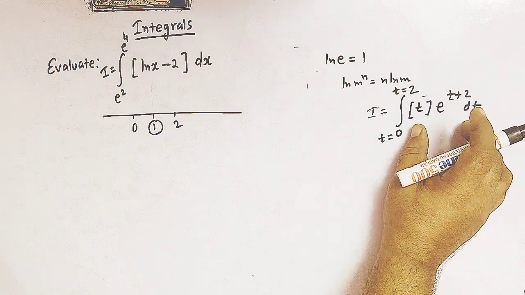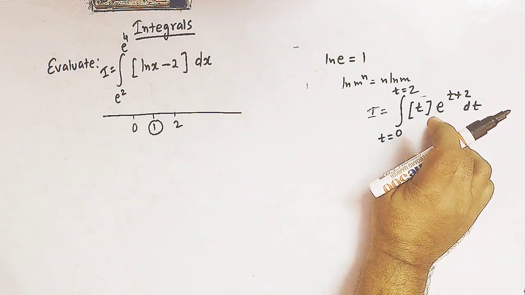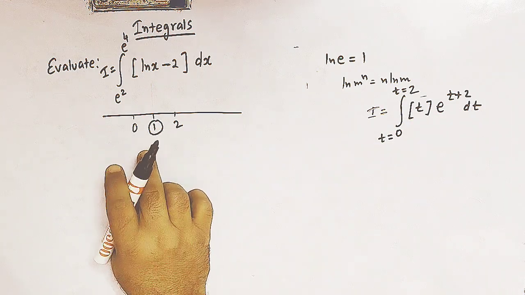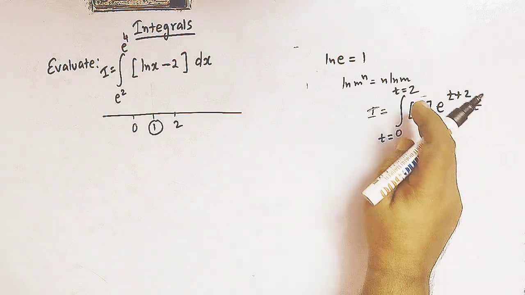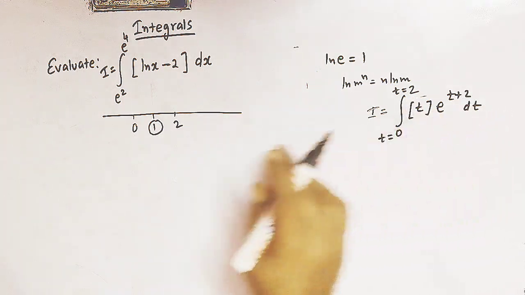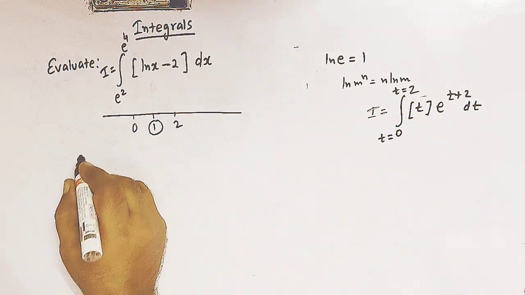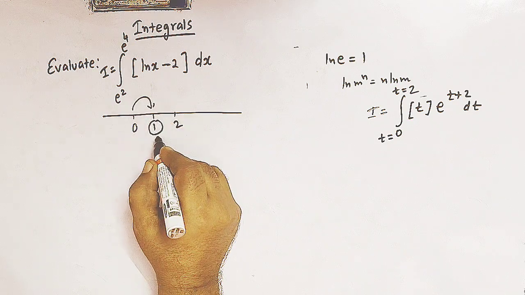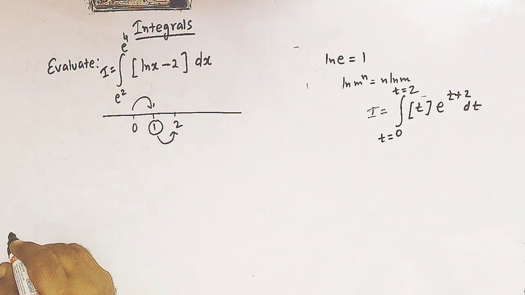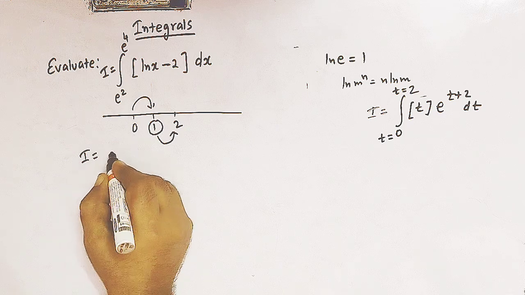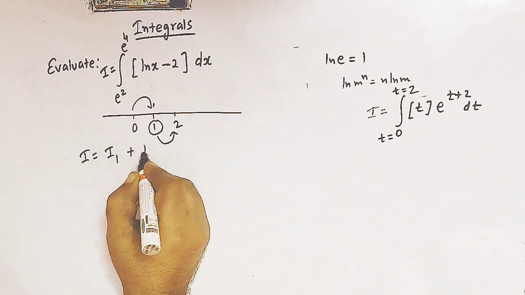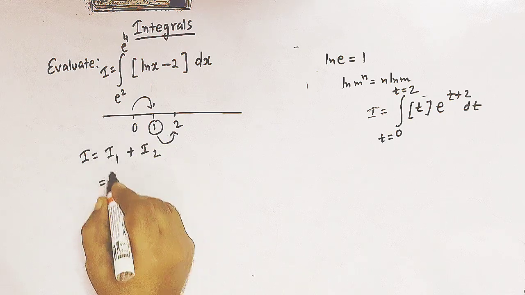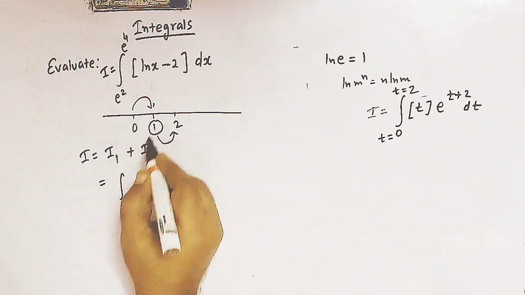So whenever we come across a greatest integer function, we always search for integers, right? So we'll break this integral as a sum of two integrals. The first one is from 0 to 1, and the second one is from 1 to 2. So we can now write I is equal to I1 plus I2, where I1 goes from 0 to 1.